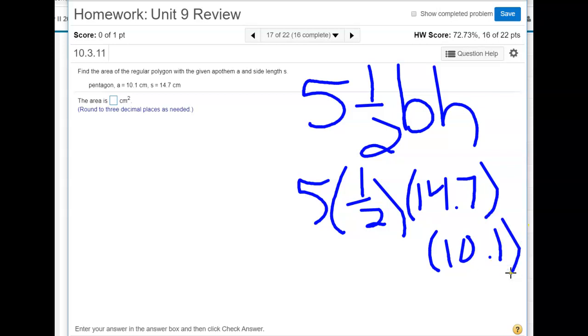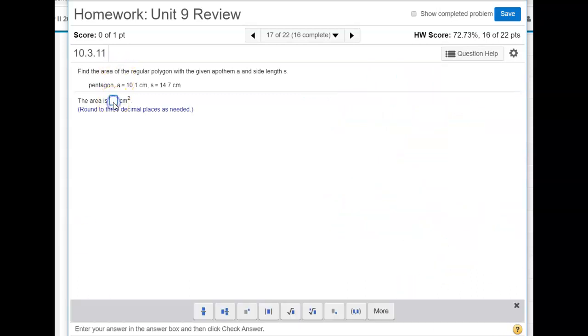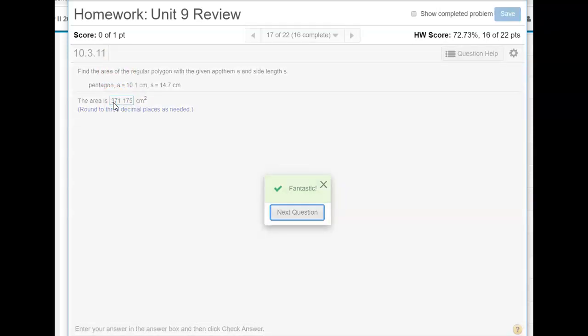Now we're simply multiplying it all together. And we end up with 3 decimal places, so 371.175.